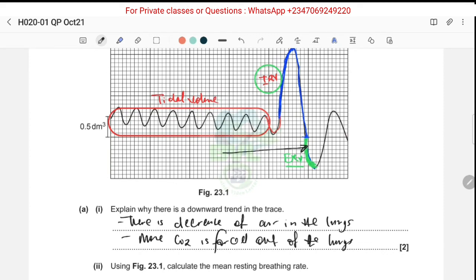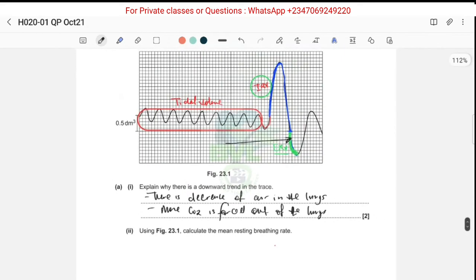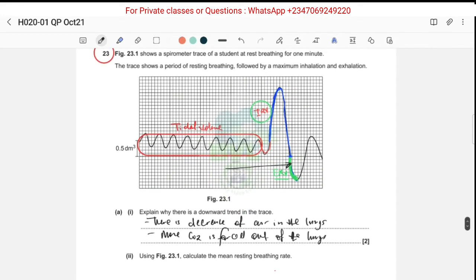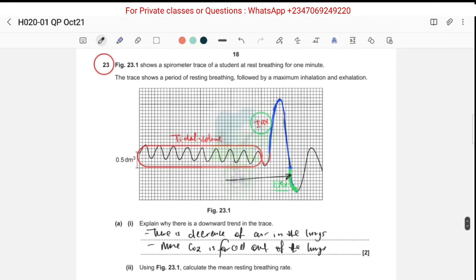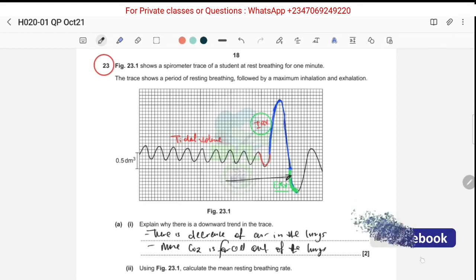Now it says calculate the mean resting breathing rate. The resting period is these ones: inhalation, exhalation, inhalation.